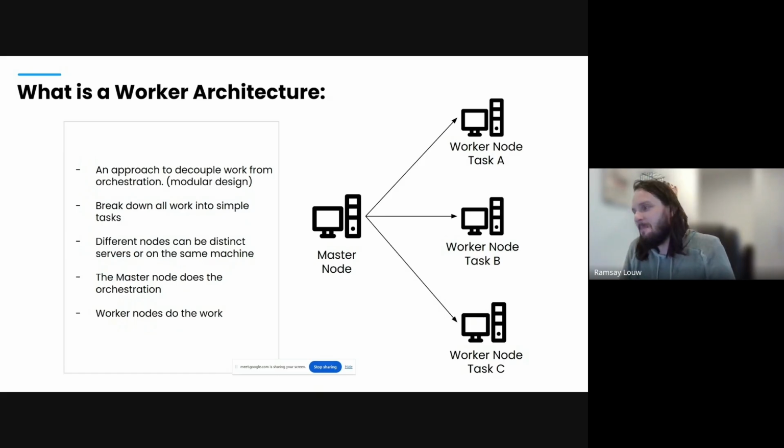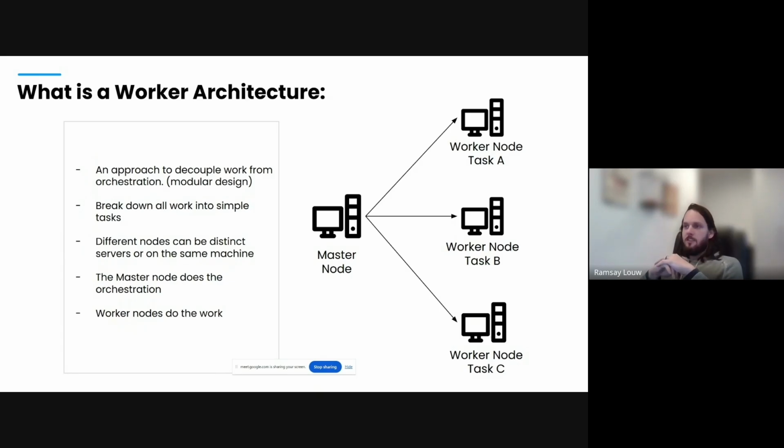You want to make sure that these structures are separated in a sensible way, which is obvious because I talked about how the master node does the orchestration. It's the part that you interact with. It's the part that knows about the whole concept of what the problem is you're trying to solve. And the worker nodes are very simplistic, dumb systems that know how to do a single thing.